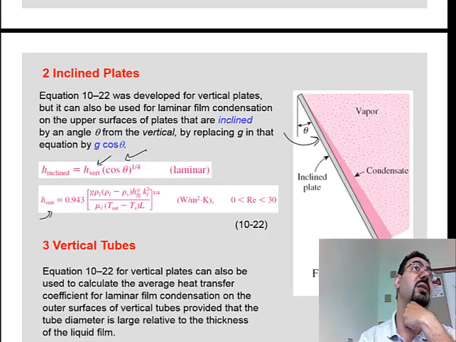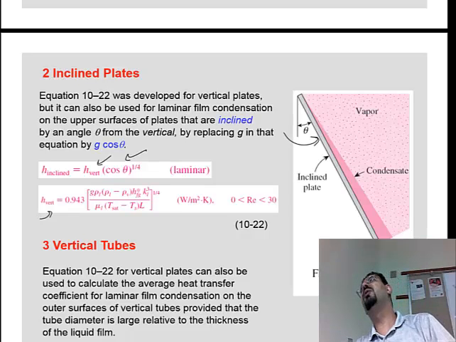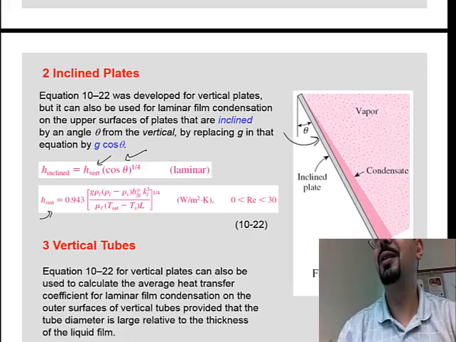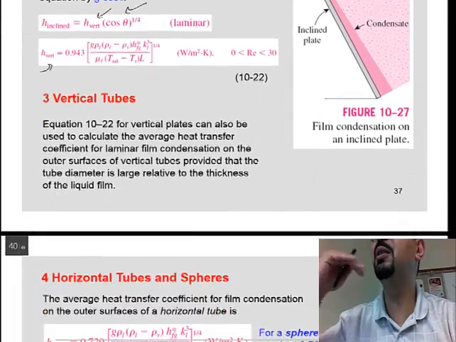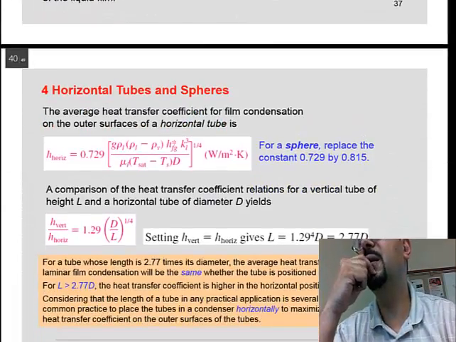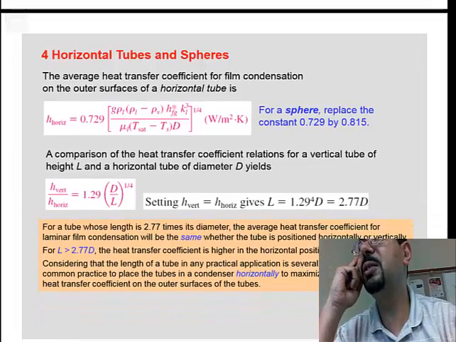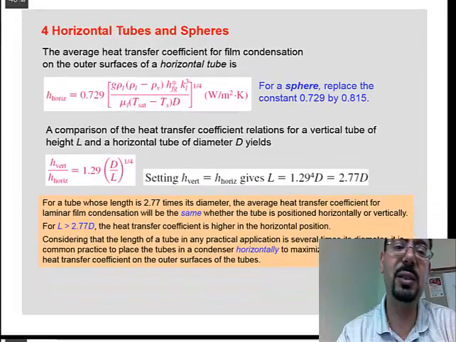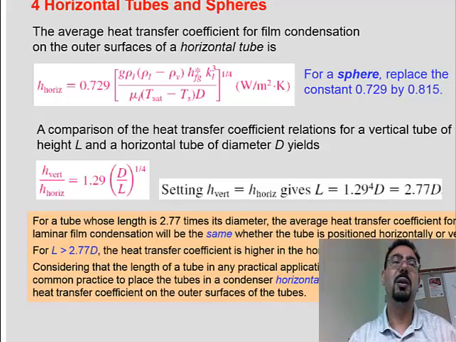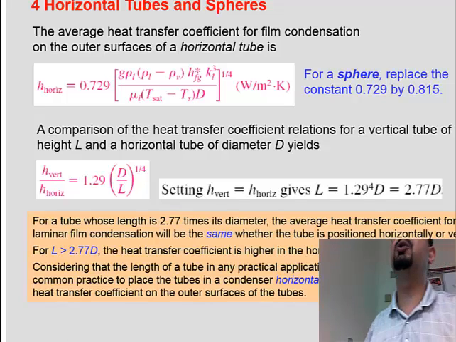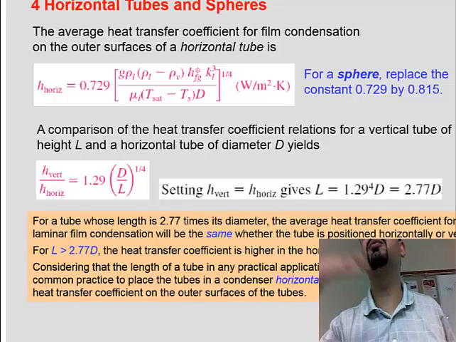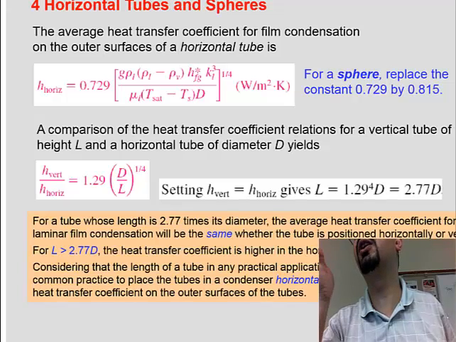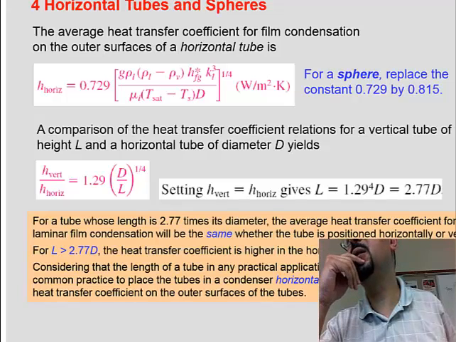Cosine 90 is 0 and therefore this equation is not valid for a horizontal surface. This equation is just for vertical or a little bit off vertical. Alright? Horizontal tubes and spheres, that's the h for them. So this is just like natural convection, where you have a bunch of formulas for h, each one of them for a different configuration. Alright?